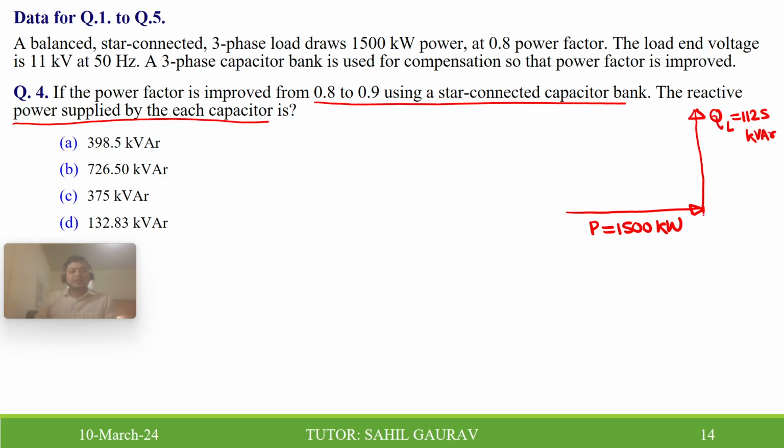Now we are doing the reactive power compensation, so this reactive power demand will get reduced. It will become QL dash, which we will find. This is the power triangle before the compensation, and this is the power triangle after the compensation.